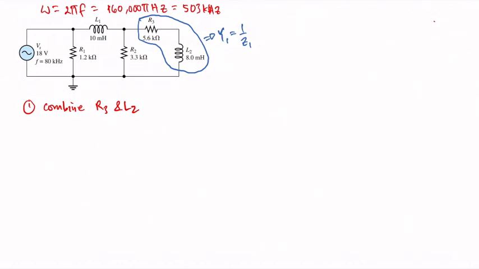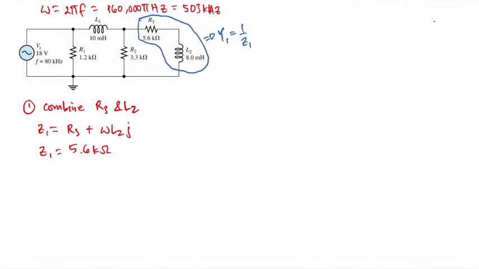Since R3 is a real value, then L2 is the complex component of Z1. Then we can write Z1 is equal to R3 plus omega L2 j.